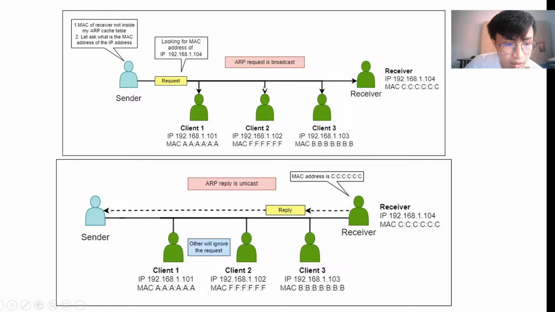Then the device which recognizes the IP as its own will send an ARP reply, and other devices simply ignore this ARP request. So this receiver matches the IP address 104. It will tell its MAC address in an ARP reply, which is unicast to the sender. The others will just ignore it because it is not their IP address.